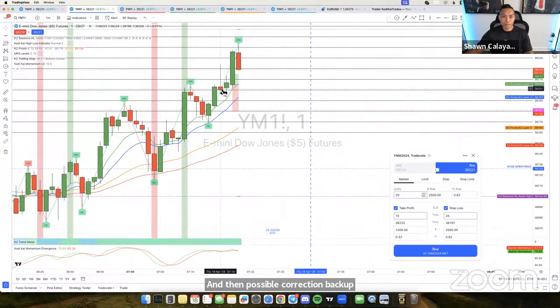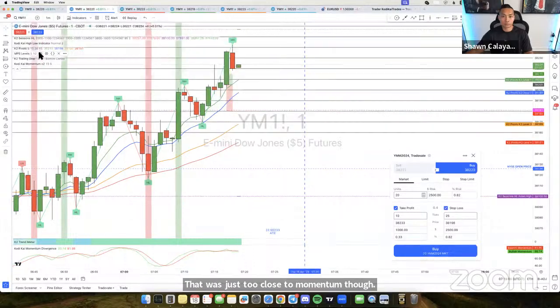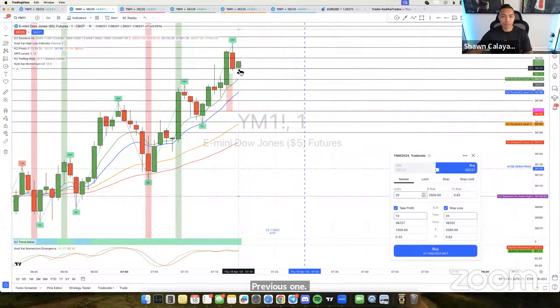So technically, if this wasn't the MPS entry, the MPS entry could possibly happen right here at the 210 mark, or even right here at the 220 mark. It was just too close to momentum though. Previous one, again, right there on the same level, the 20 mark.